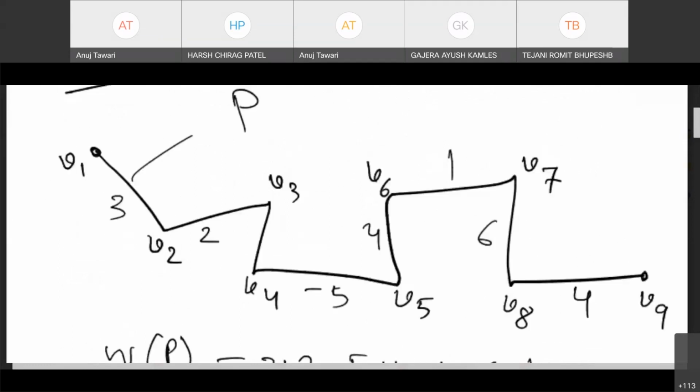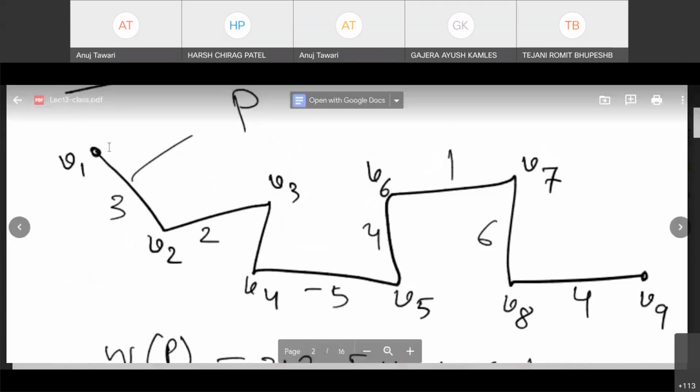So an example is this graph, which is just a single path from V1, V2, V3, V4, V5, V6, V7, V8, and V9. And you are given these edge weights.